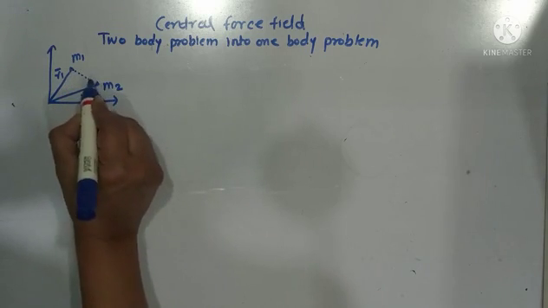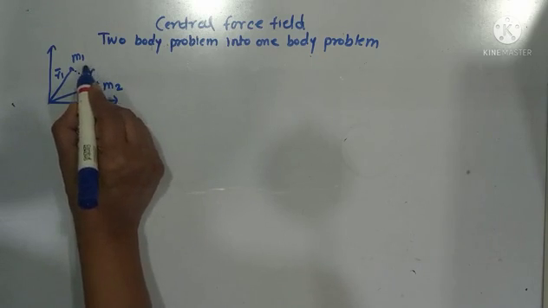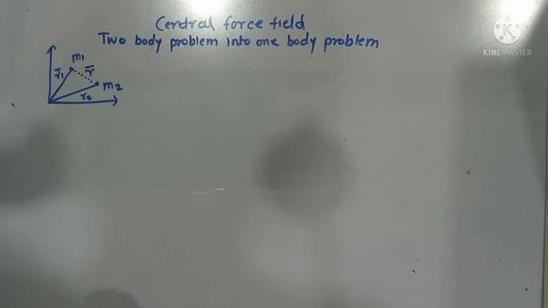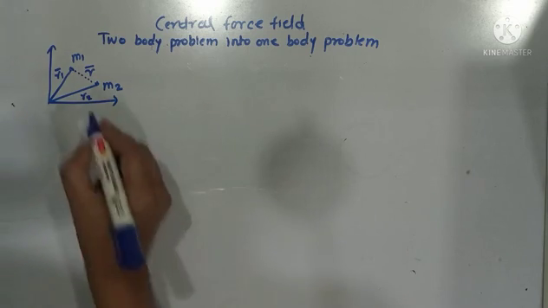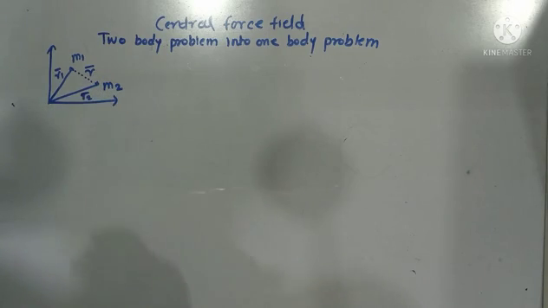Let this r be the distance between m1 and m2. Suppose we have a two particle system. Okay, in the system there are two particles m1 and m2. r1 represents the position vector of m1 and r2 represents the position vector of m2.